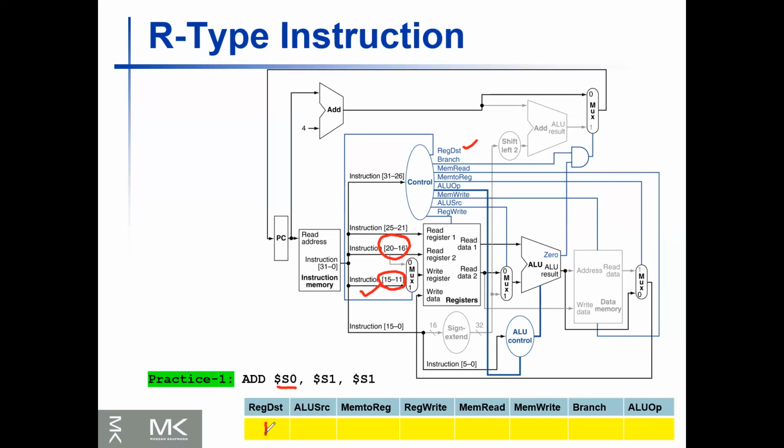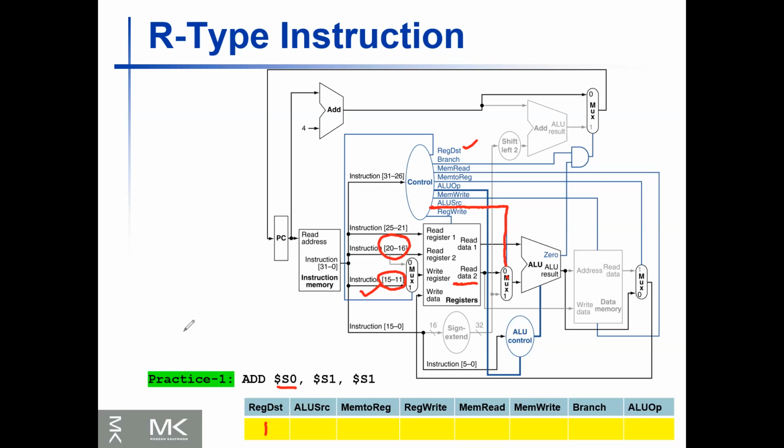Second one, ALU source. Check it. This is that signal, girls. Yes. 0. It is 0. May I know the reason? Because the second operand is the register. Is it clear? Yes. Okay. Because the second operand is the register, it's not the immediate value. Are you getting it?